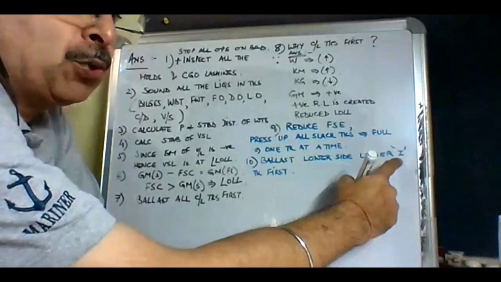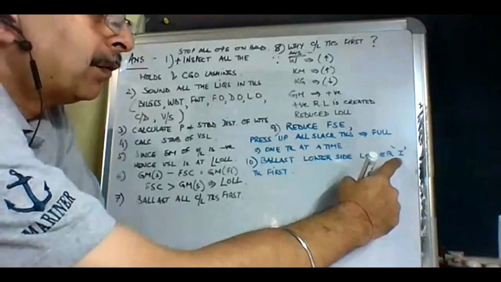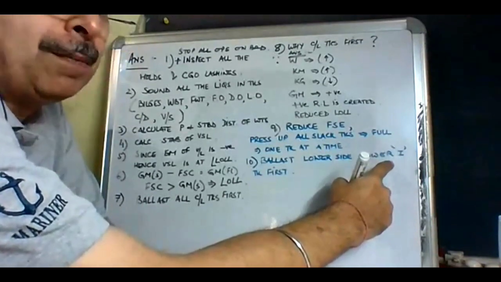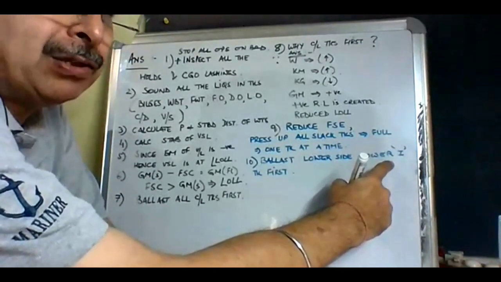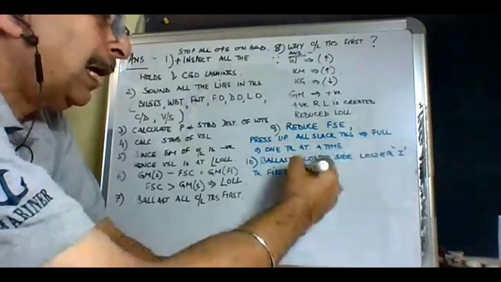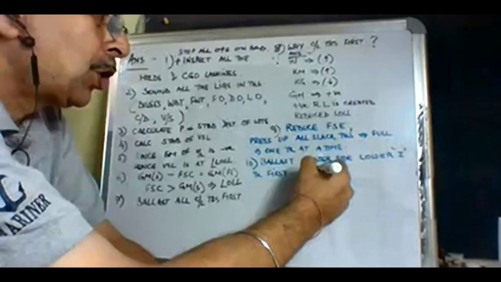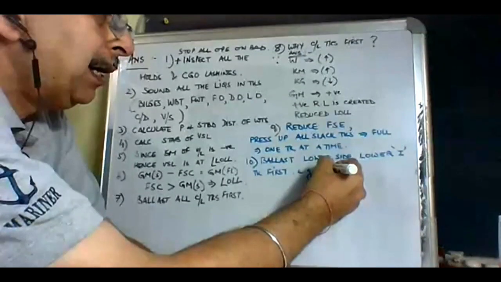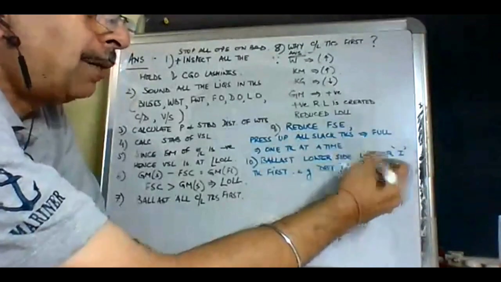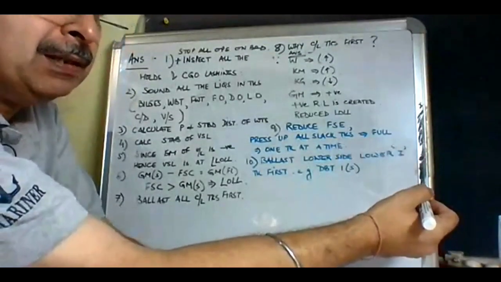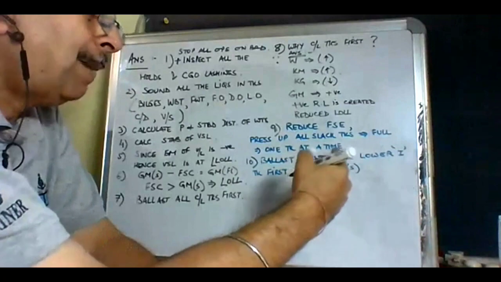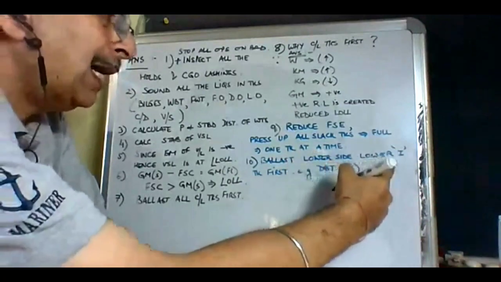So I is directly proportional to breadth cubed. That means lower I means lower breadth, small breadth. So in the case of a ship, it will generally be DB1, port or starboard. So the lower side means starboard.